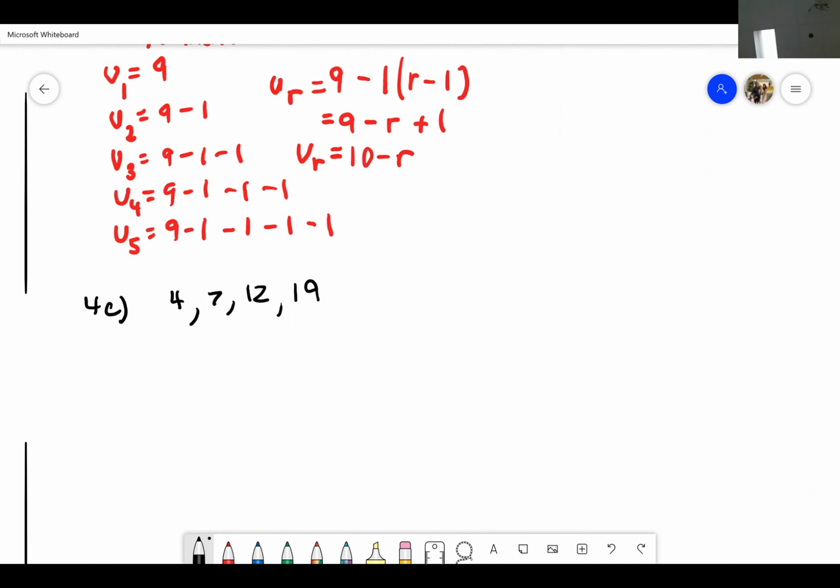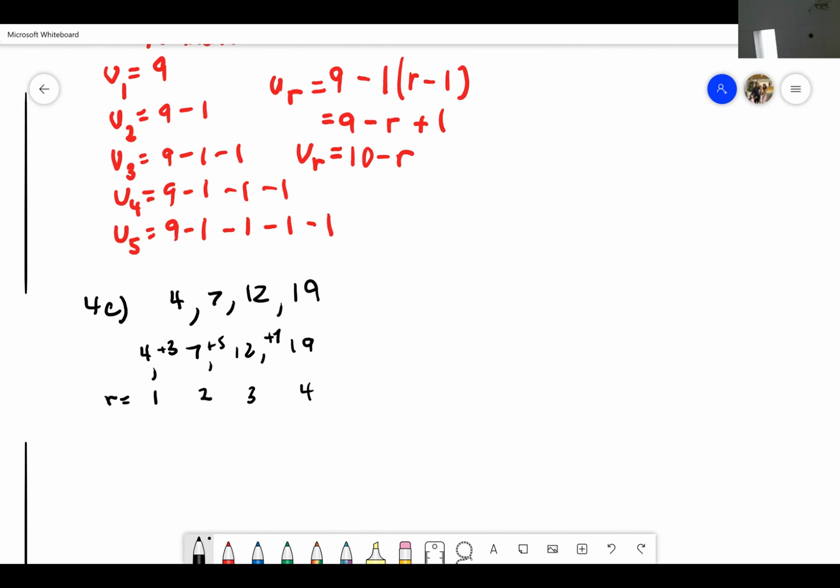So you're saying, oh, between 4 and 7, it's plus 3, between 7 and 12, it's plus 5, and between 12 and 19, it's plus 7. To be clear, these are r values: 1, 2, 3, and 4.